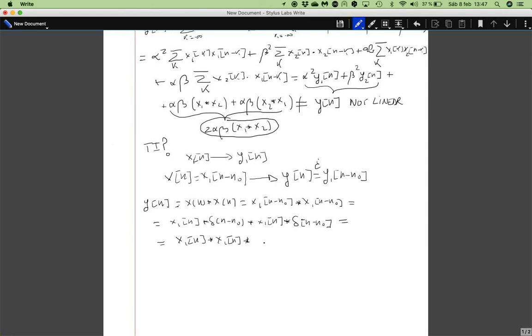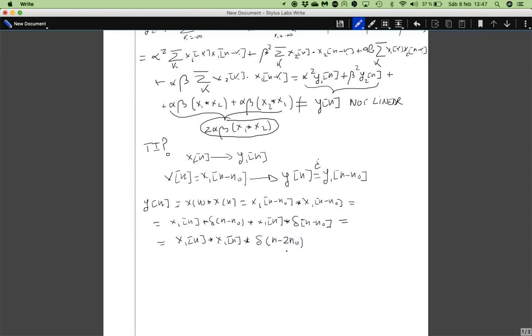What we have to do is take the function, which is again a delta[n minus n0], and delay it by the same amount as the delta we are convolving with. So we delay this delta n0 units. As it was delayed n0 units already, it's like delaying 2 times n0 units.